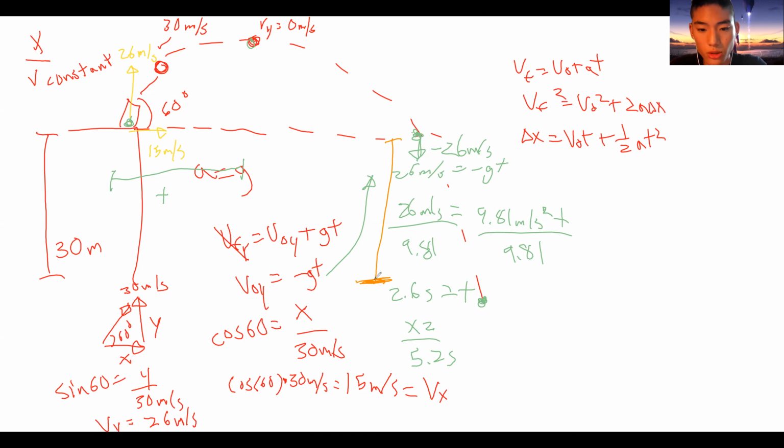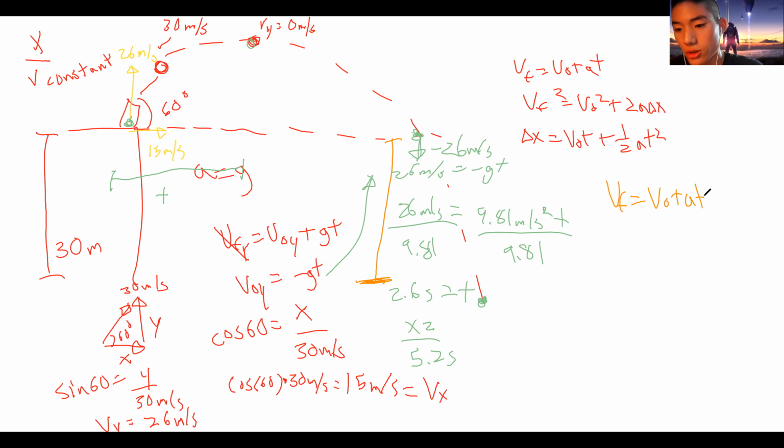So one thing you could do is delta y is equal to... actually, do I even have to do it? Actually, I can just do it simpler. You don't even have to use this. You can just use Vf equals V naught plus at.